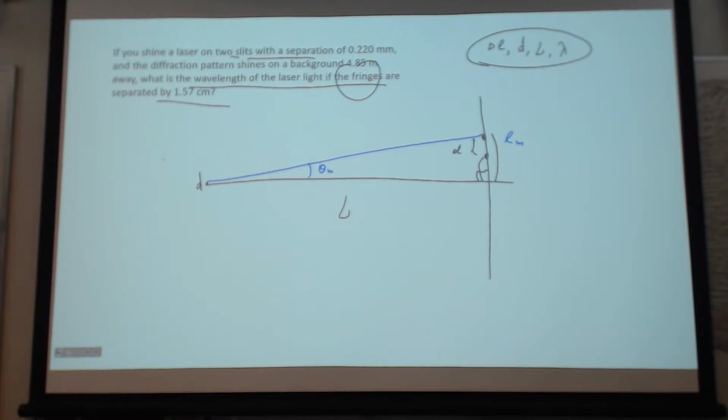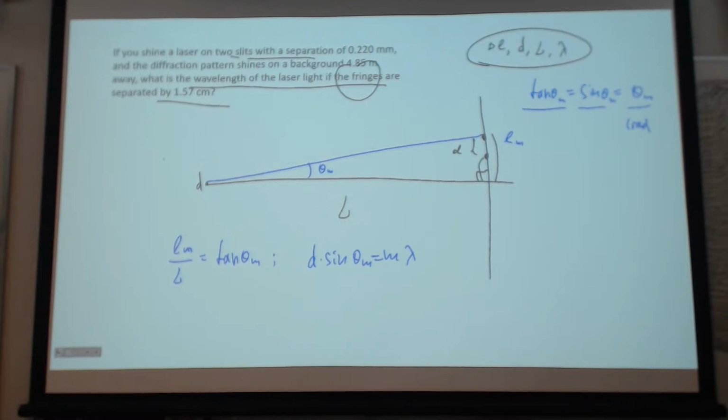For this maximum number M, the triangle gives this expression, and physics gives this expression. But in the lab, you've spent considerable time using the fact that angles are small. When angles are small, there is practically no difference between tangent, sine, and the angle itself. It is measured in radians.